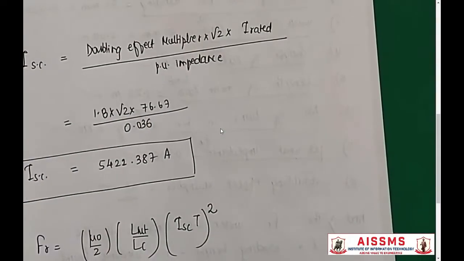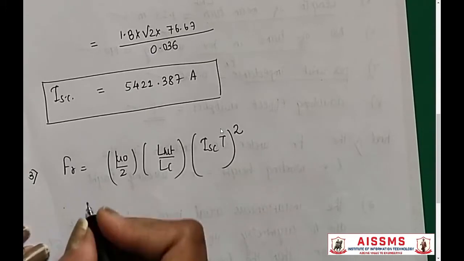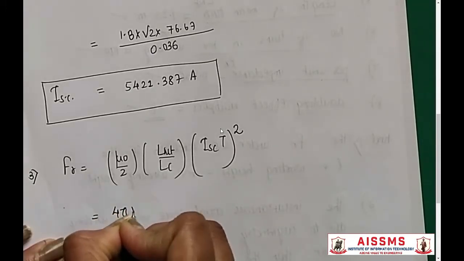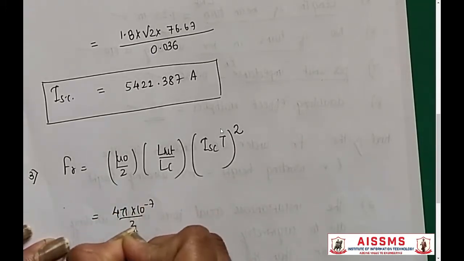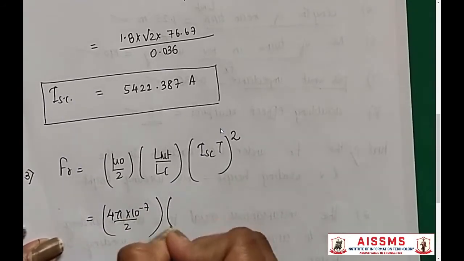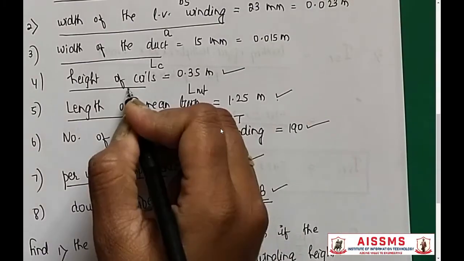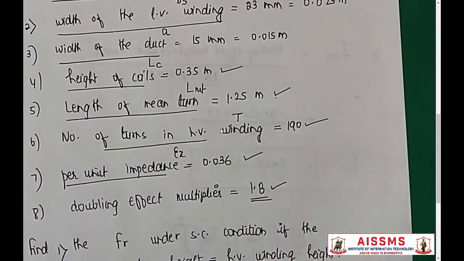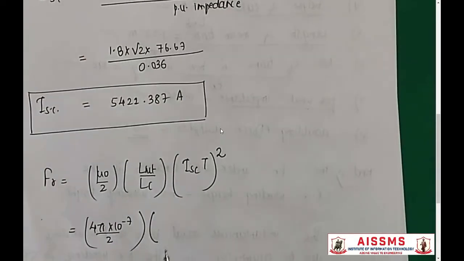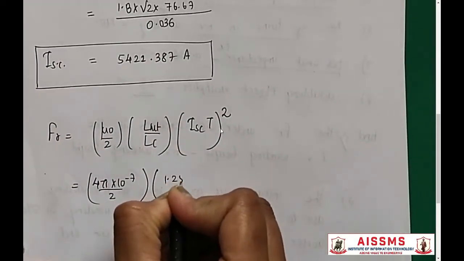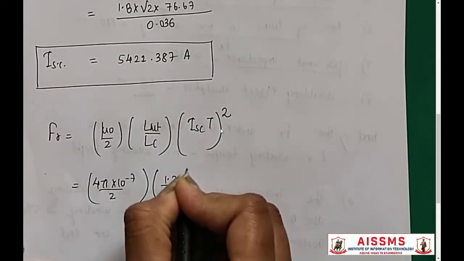So we'll just put the values. Mu naught we already know is 4 pi into 10 raised to power minus 7. LMT is the mean turn 1.25, height of the coils is 0.35, so 1.25 upon 0.35.